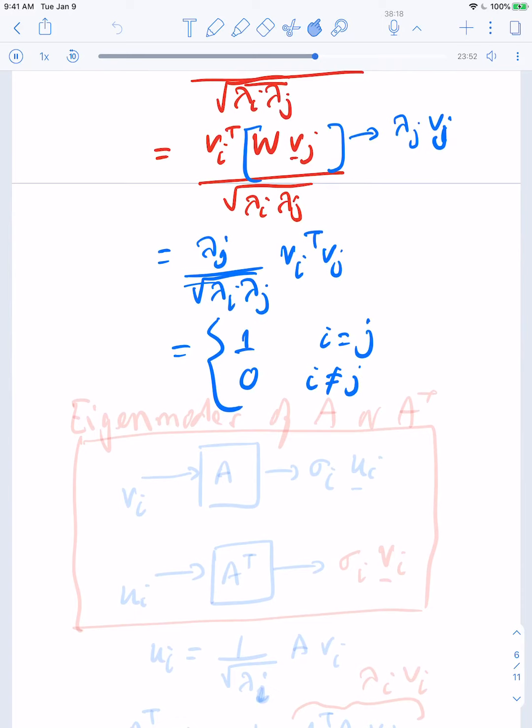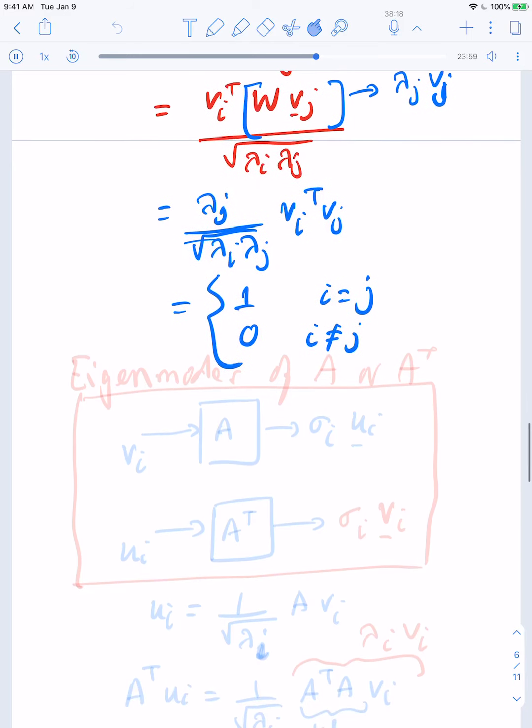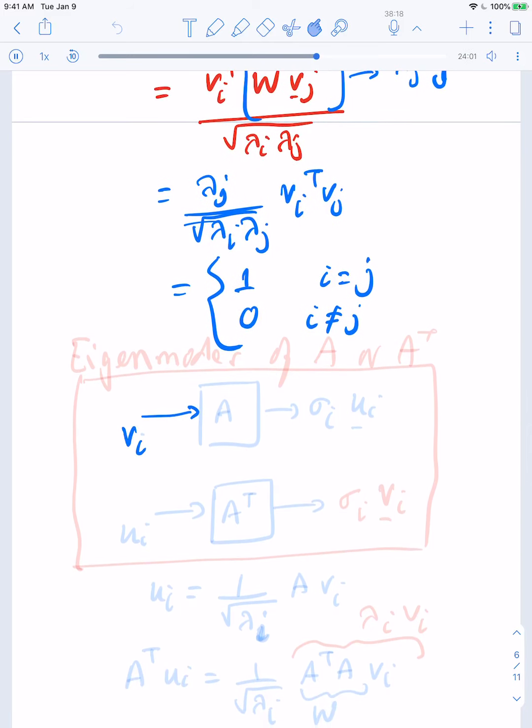What about the other direction? We had promised that it would work in the other direction also. So again, I keep drawing this figure over and over again. Vi going through A gives me sigma i Ui. Now I want to see what happens when Ui goes through A transpose.